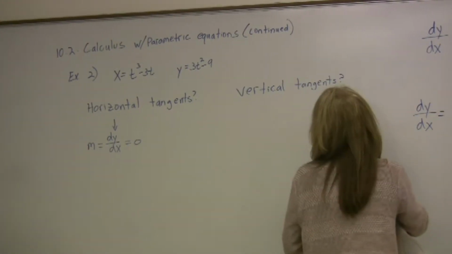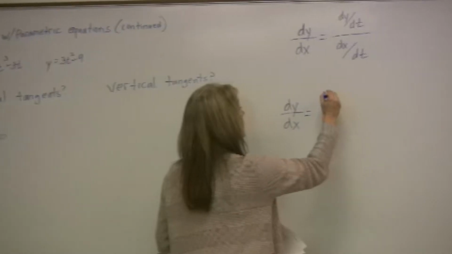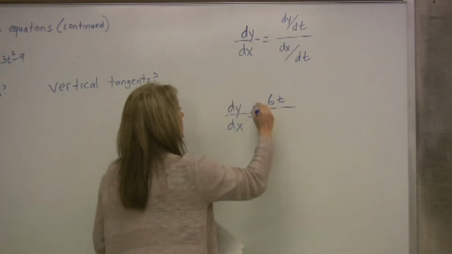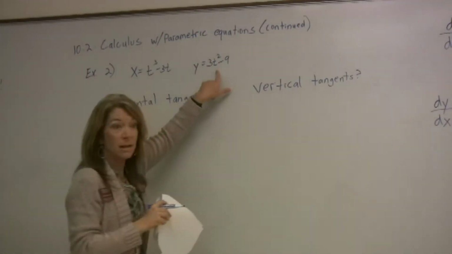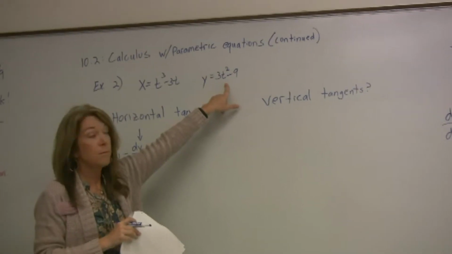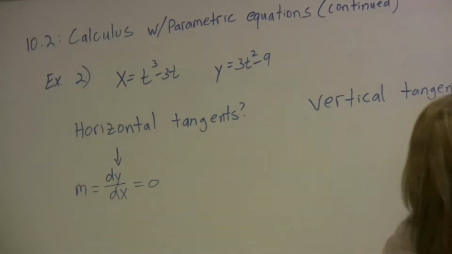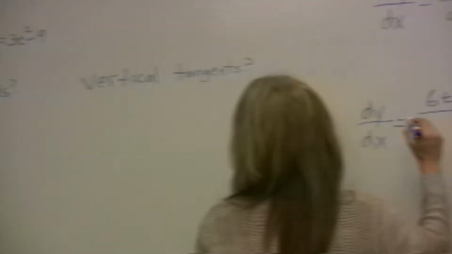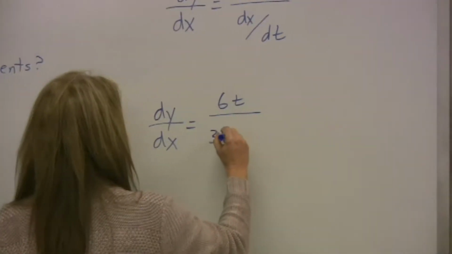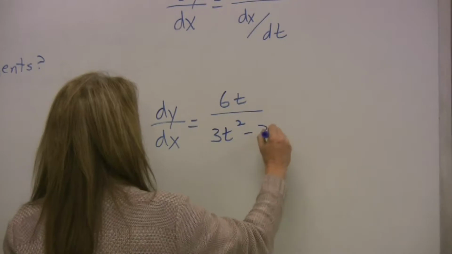The derivative of y is 6t. I did dy/dt on top. The derivative of x with respect to t is 3t squared minus 3.